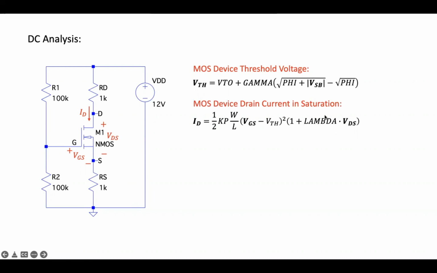So based on this model, we can see that drain current is affected by the input VGS. It is also affected by the VDS, and it is also affected by the VTH, which is affected by the VSB.